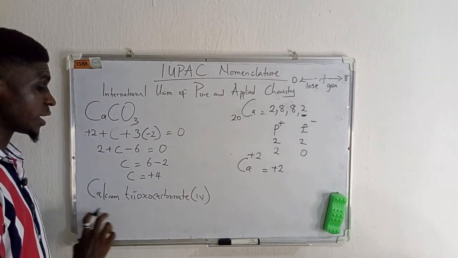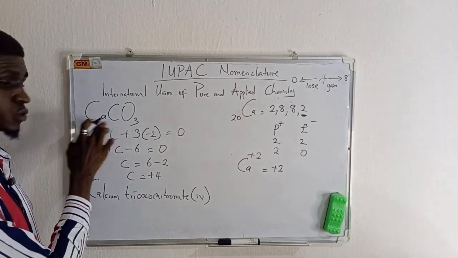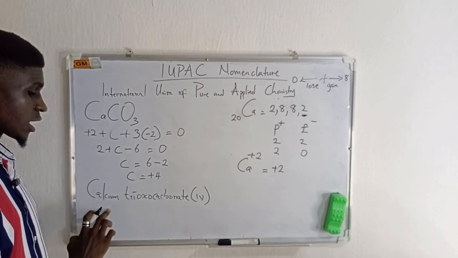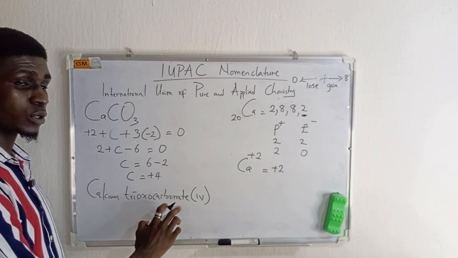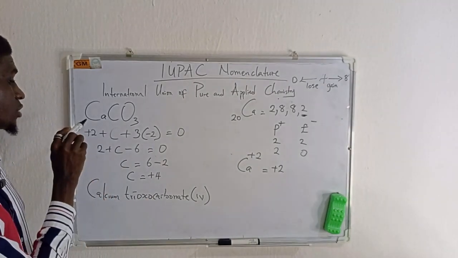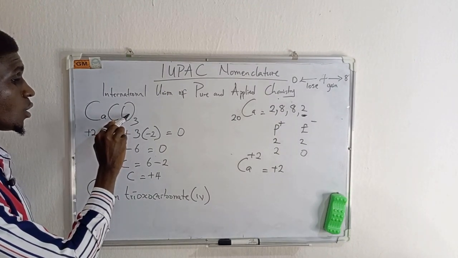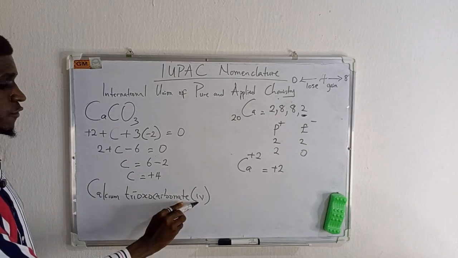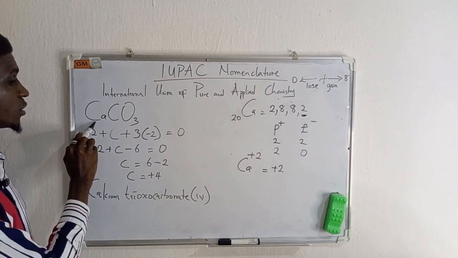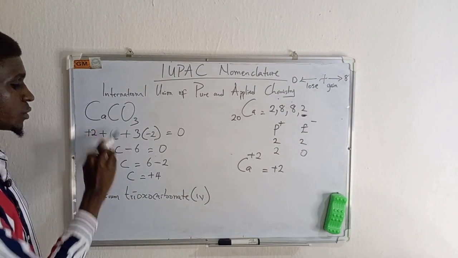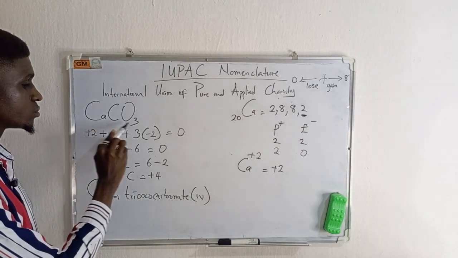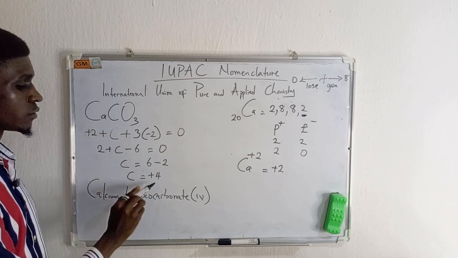This is the IUPAC name for calcium carbonate. We call it calcium trioxocarbonate 4. This is how you name it. Calcium, then you start here. Trioxocarbonate 4. The 4 you got here. Calcium trioxocarbonate 4.